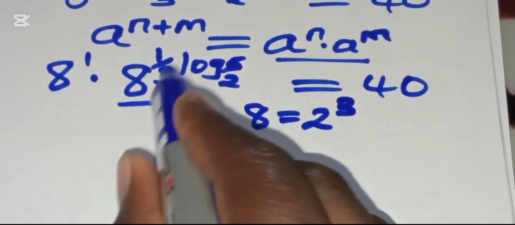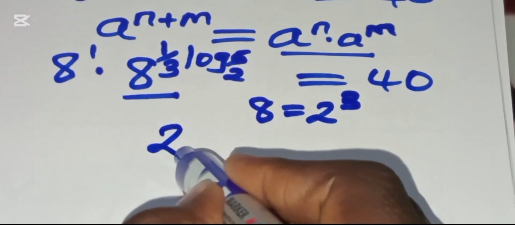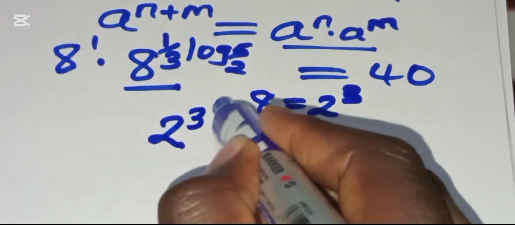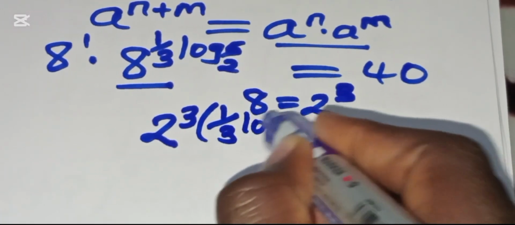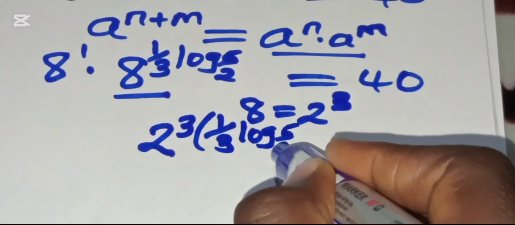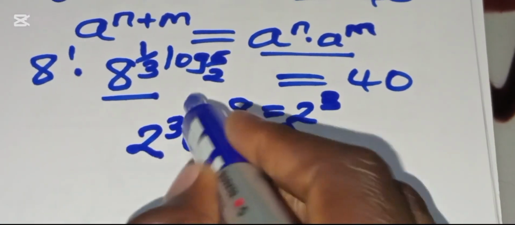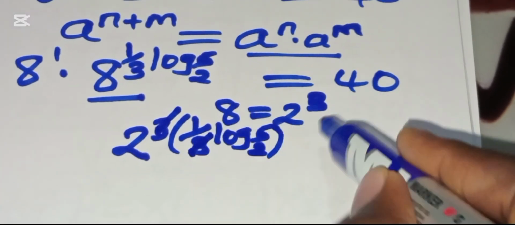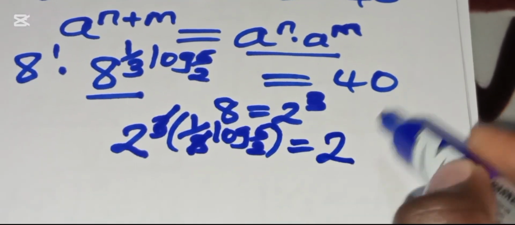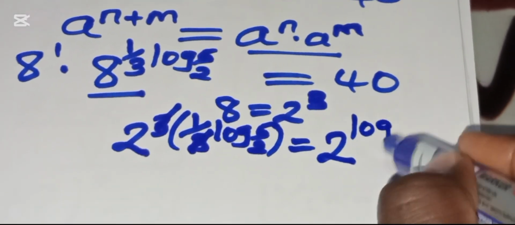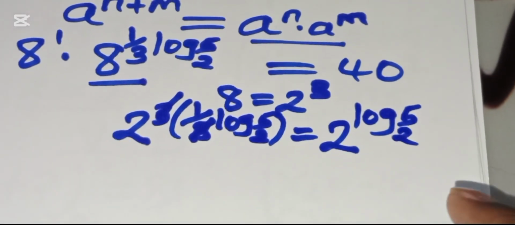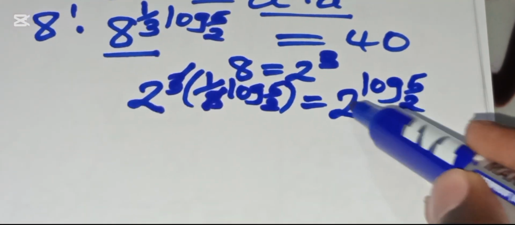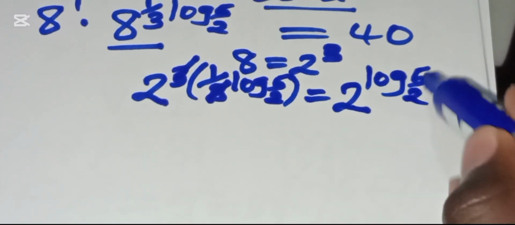Substituting and simplifying, we have 2 raised to power log 5 to base 2.